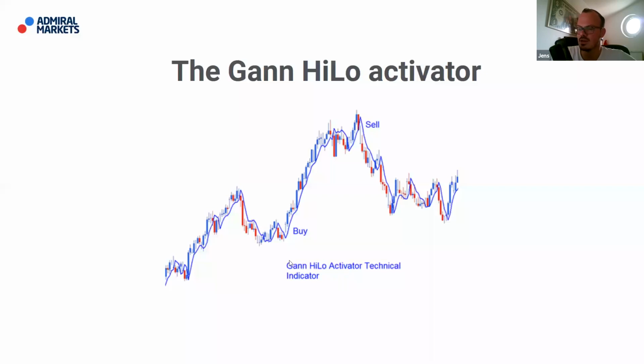In this case, we also use the angles, which are calculated when looking at markets from, let's call it, a Gann perspective, using this geometrical way to look at it. So this is how the Gann HiLo activator, the technical indicator, looks in the real world.